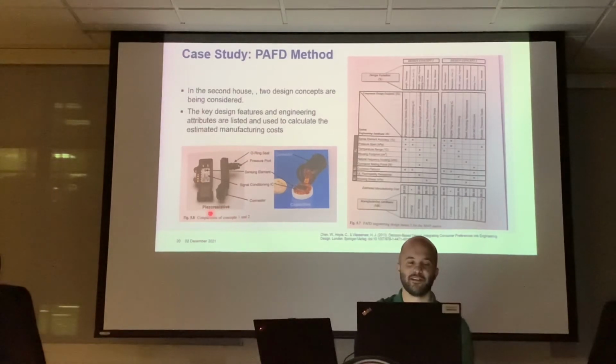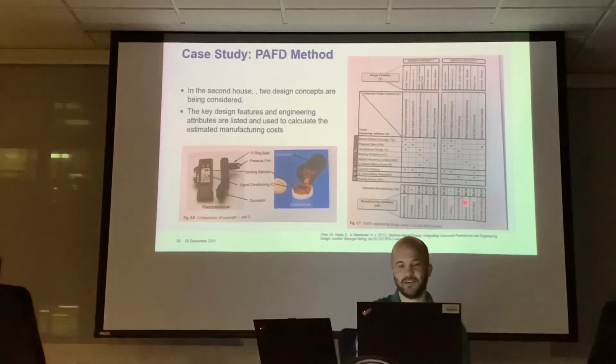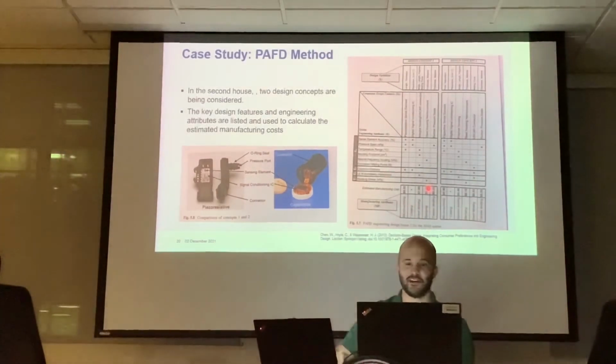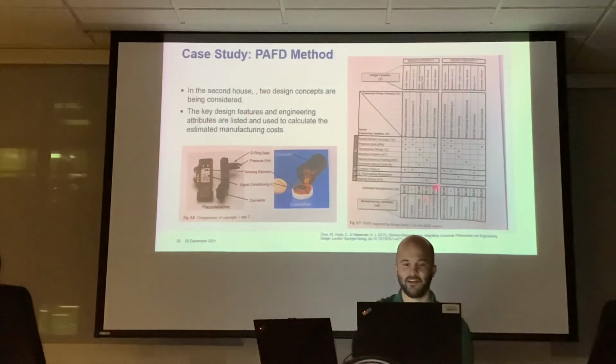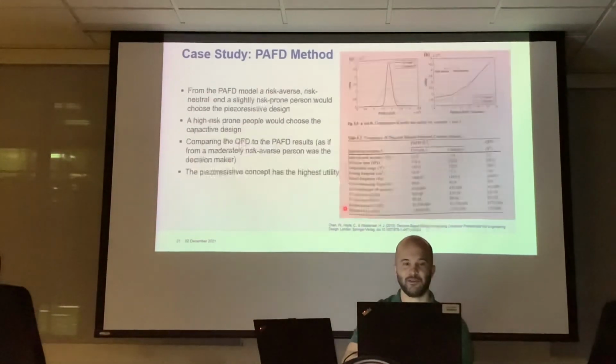These concepts of the sensor are a piezo-resistive and a capacitive sensor. Now, the design features for each sensor are slightly different because there's different models, but the engineering attributes are the same. So these are all mapped. Manufacturing attributes are then determined, and then the costs are estimated based on all this information.